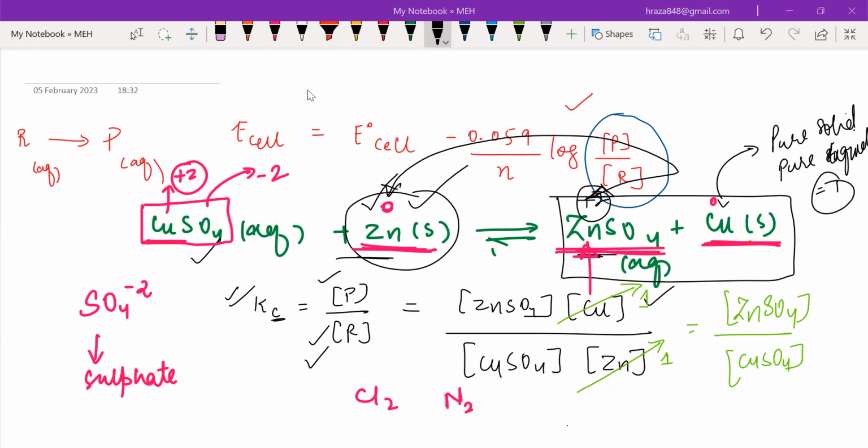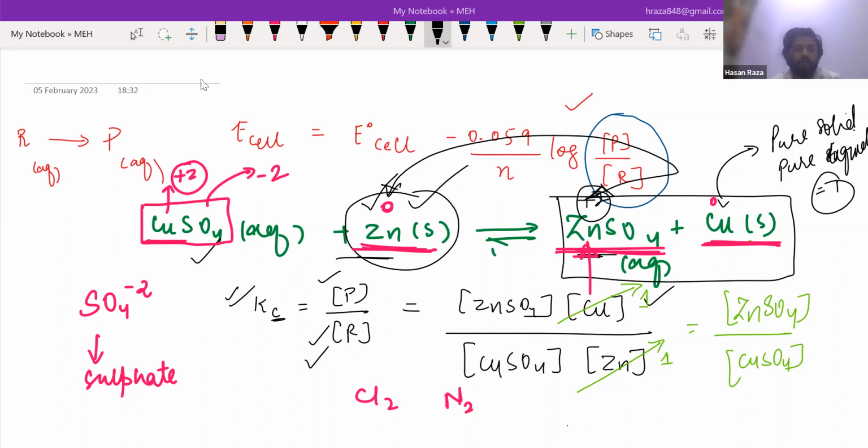Gain of electron is oxidation? You just got confused. Gain of electron is reduction. But if it is going from 0 to plus 2, what does this mean? Gain or lose?